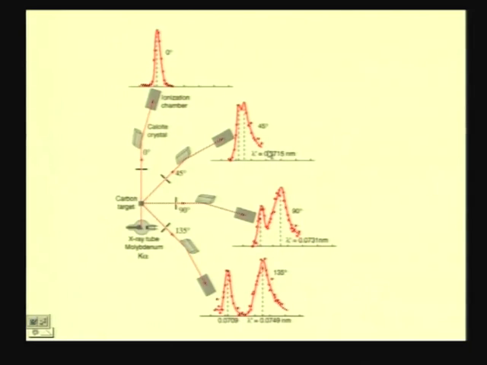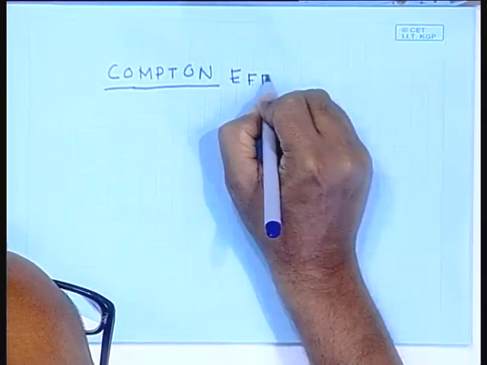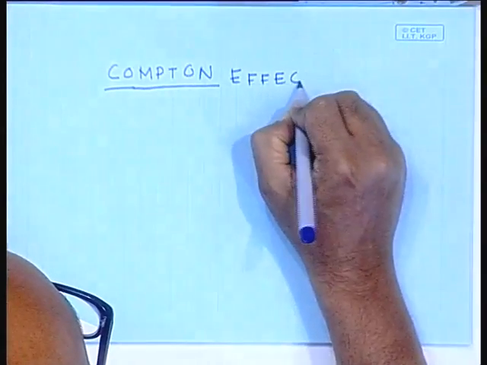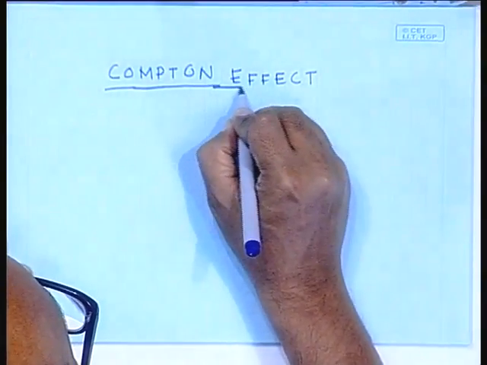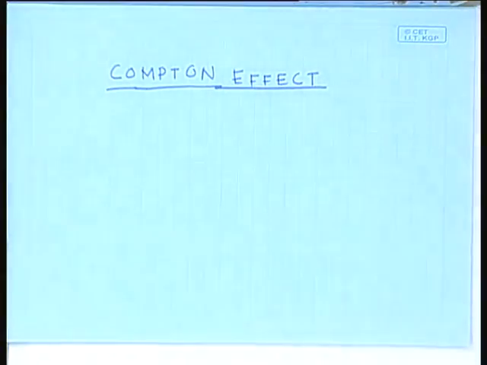So, the question is, how do you explain this discovery which was made by Compton, and it is called the Compton effect. So, let me summarize what the Compton effect is.